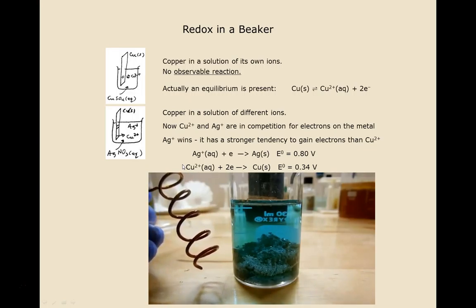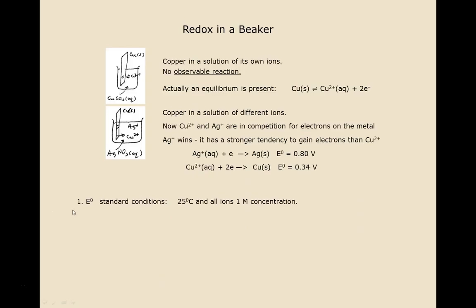There are some terms here that we need to be familiar with before we go on. Now, E0, this electromotive force again, which I'm going to be coming to in a minute, the 0 here refers to standard conditions, and the standard conditions are 25 degrees Celsius for temperature and that any ions that are present have a concentration of 1 molar.